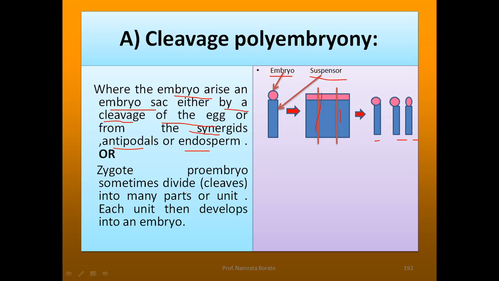So it is also defined as the zygote proembryo, that is the two-celled proembryo, sometimes divides, that is cleaves, into many parts or units. Each unit then develops into an embryo. So it is said to be cleavage polyembryony.